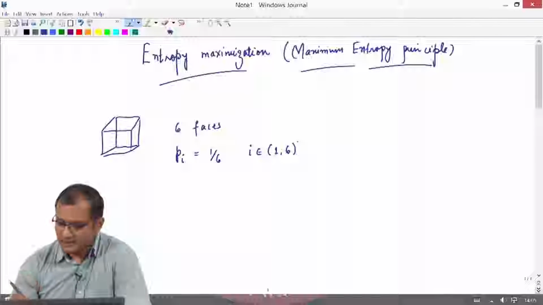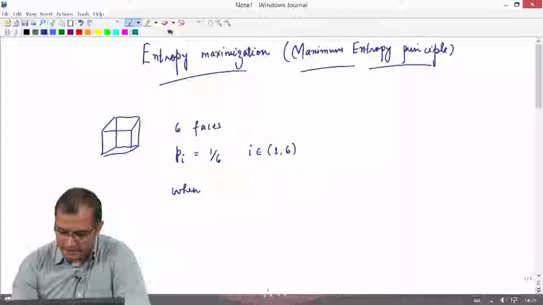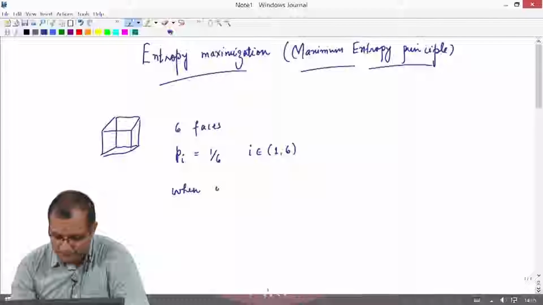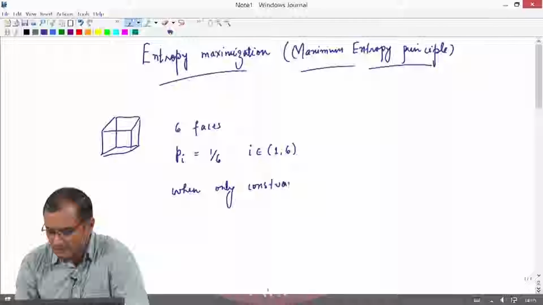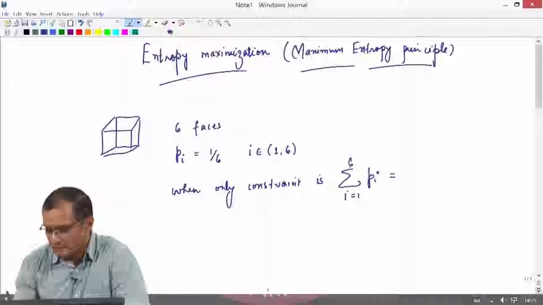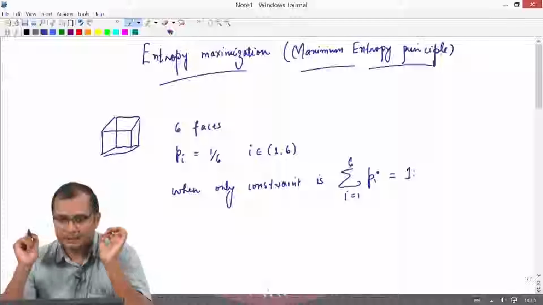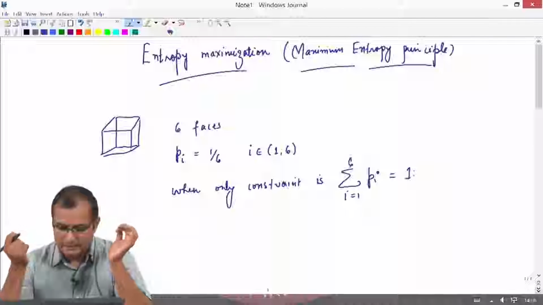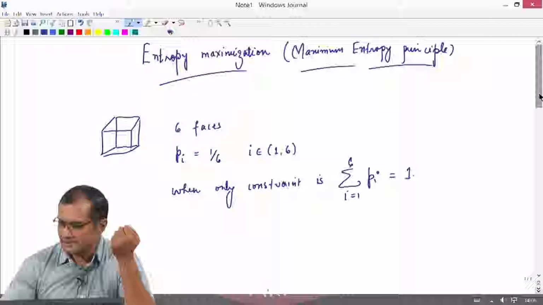Now, this was definitely the case when we discussed that the only constraint is the normalization of the probability. So, when the only requirement is that the probabilities are well behaved, you get a probability distribution that is unbiased.